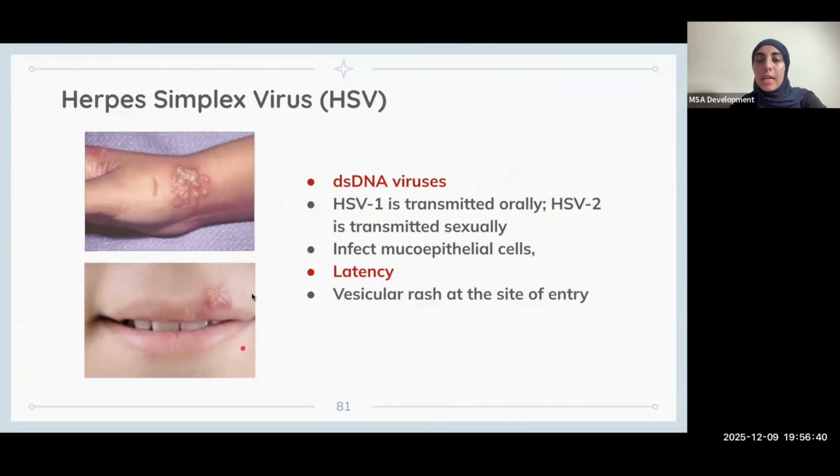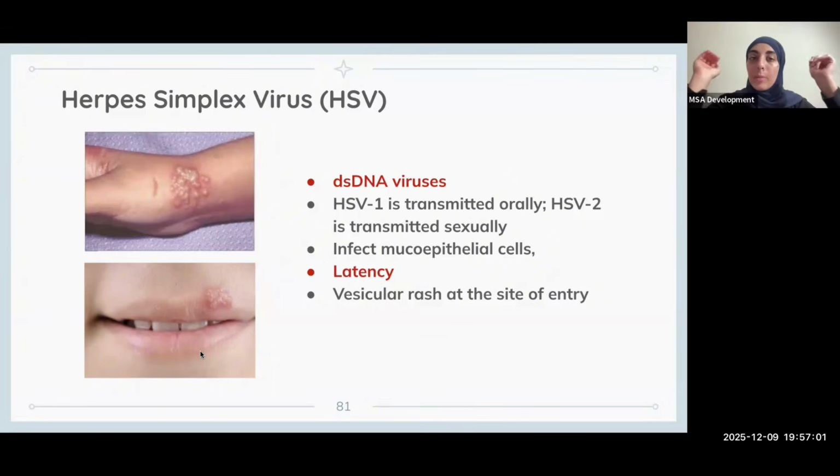So what happens is this infection is transmitted, first of all, we have two types of herpes simplex viruses, HSV1 and HSV2, okay? They are the same virus, just two different strains. HSV1 is the one that you see around the mouth, and HSV2 is sexually transmitted.